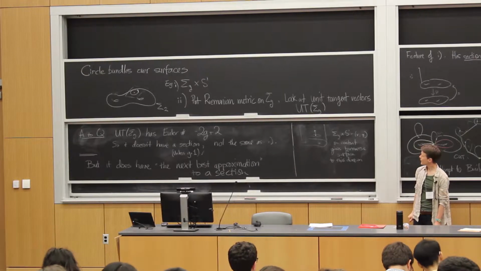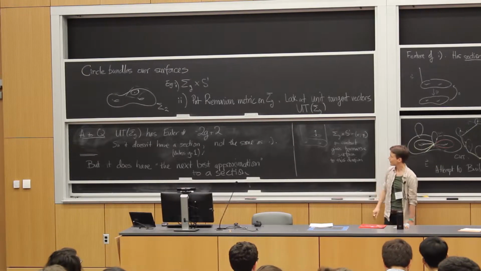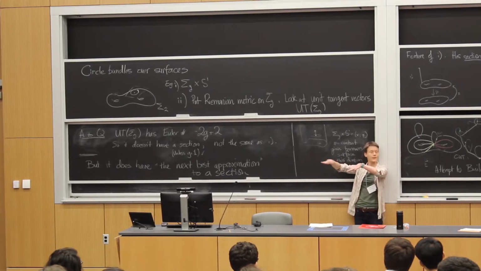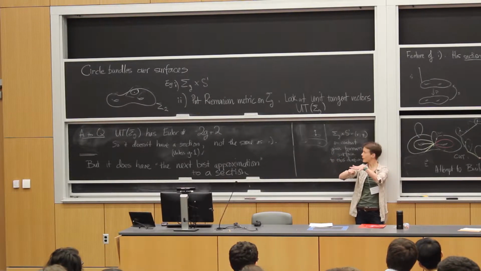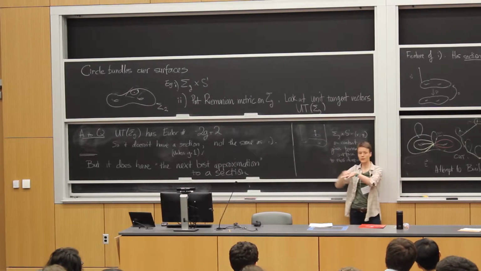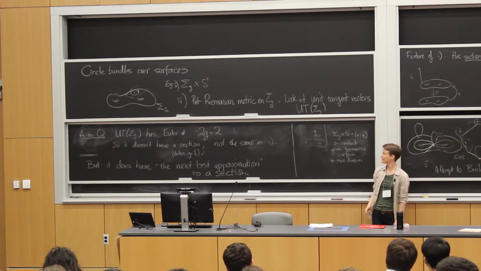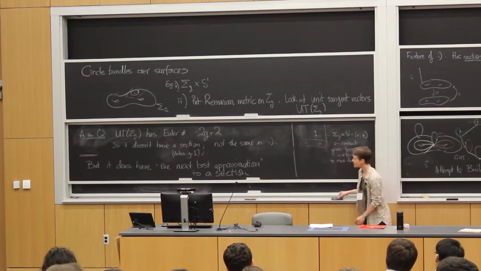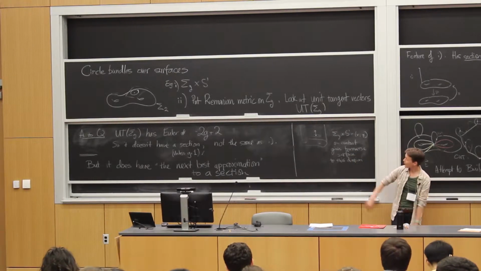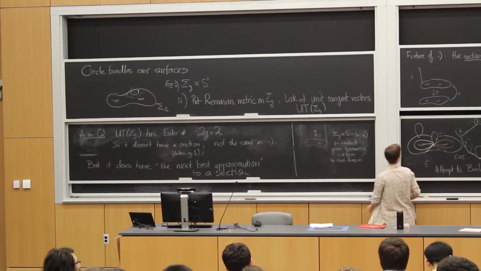So you can ask, I have something that maybe doesn't have a section, but is there a good notion, not just of how to move in the circle direction, but how to move in the non-circle direction? That is what I want to mean by the next best approximation.